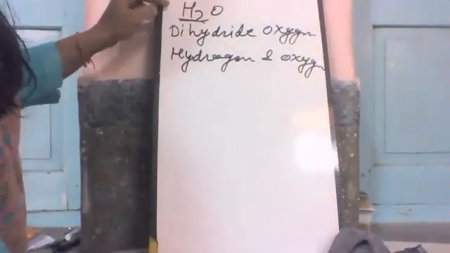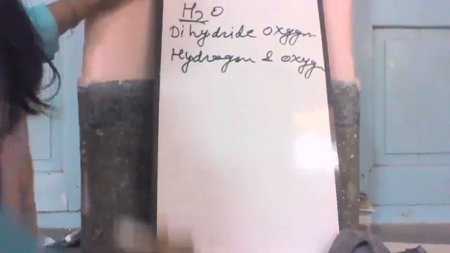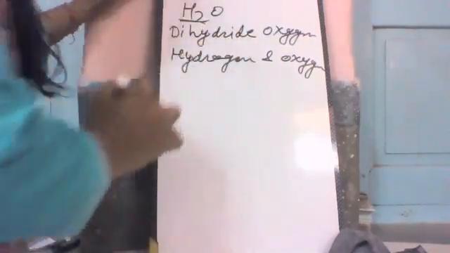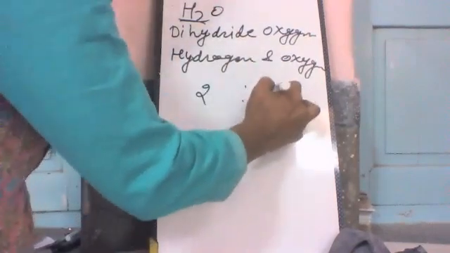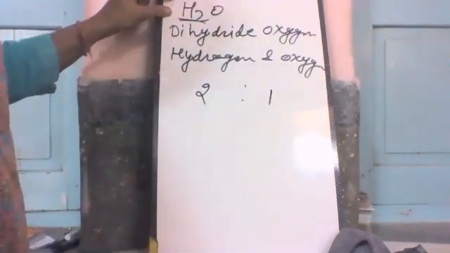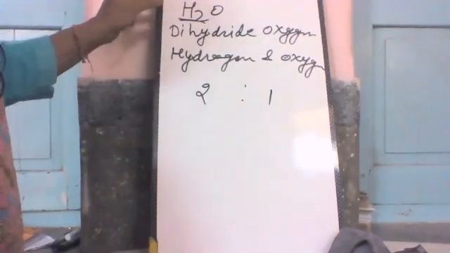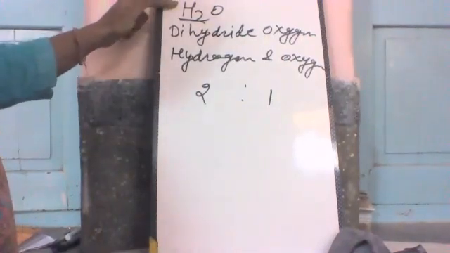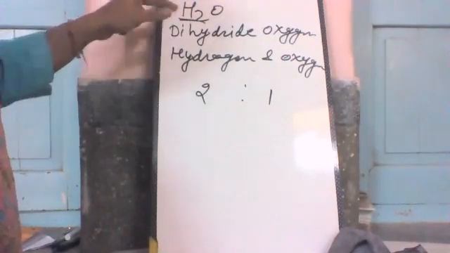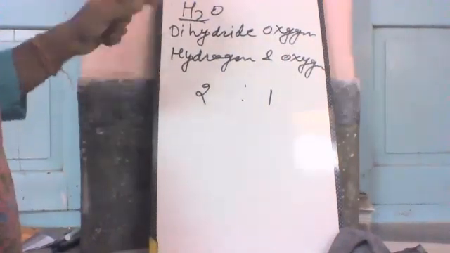These are the two atoms combining together to form water. The atoms of hydrogen are 2 and the atom of oxygen is 1. So this information we can find from this formula. It indicates the number of atoms present in the compound.